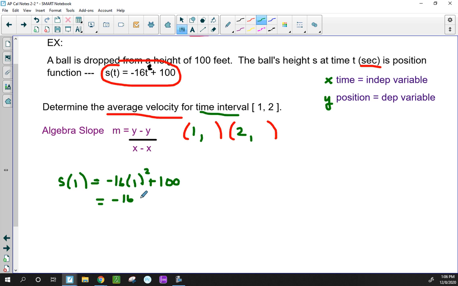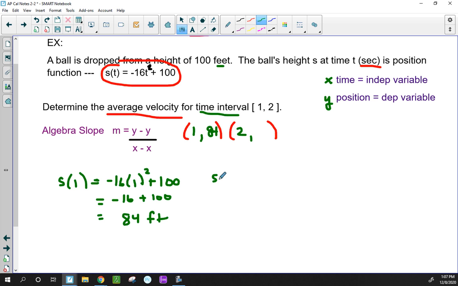So we'll just do negative 16 plus 100. 100 minus 16 is 84. And then don't forget what you're actually answering here. That's 84 what? 84 feet. So put my 84 right here. And then we're going to need to do that with the 2 seconds too.